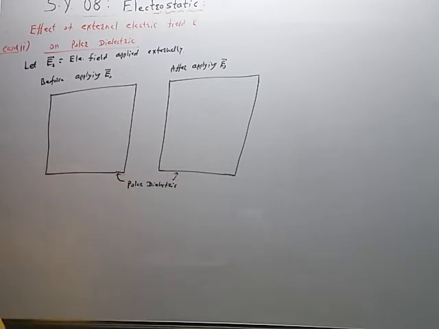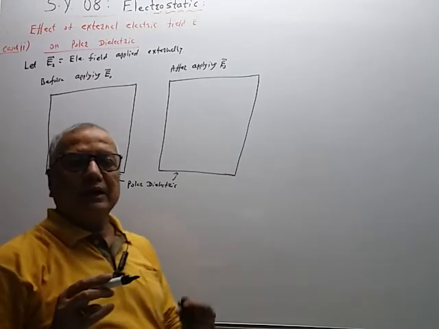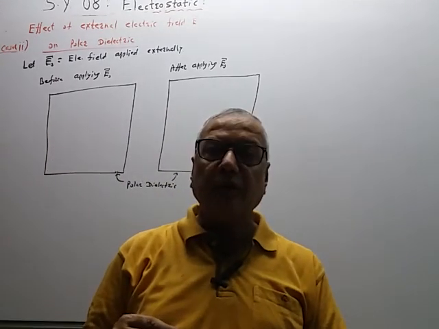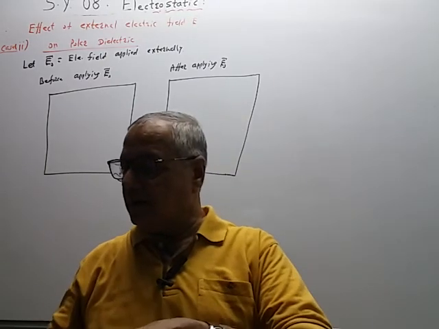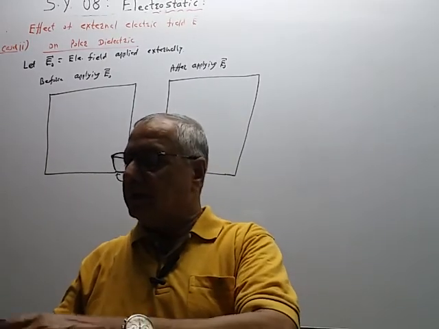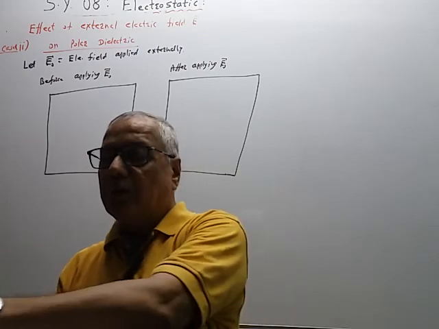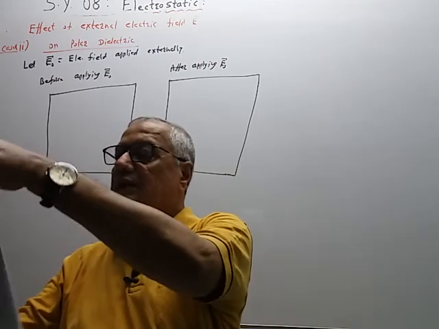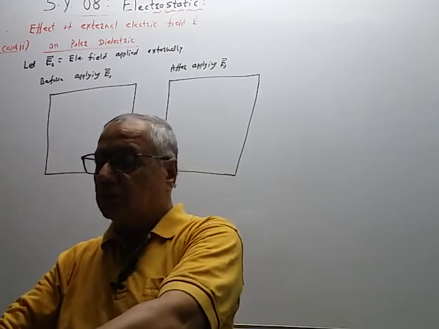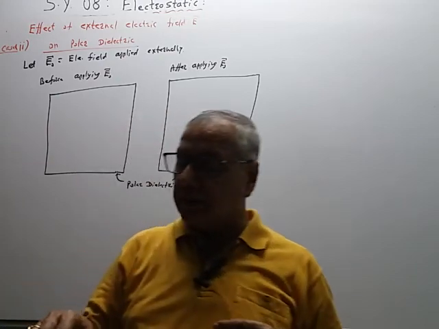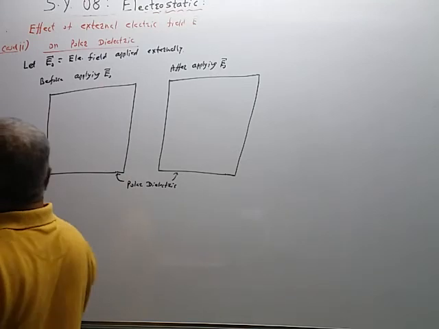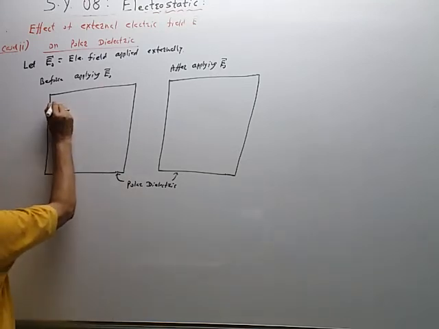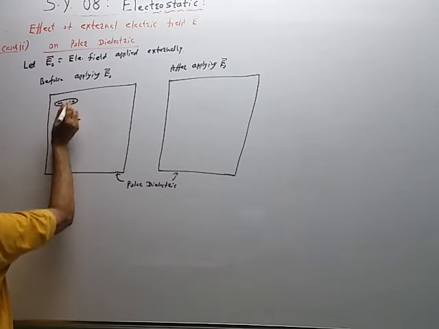Like this. So we know the property of the polar dielectric. The positive and negative charges do not coincide with each other, and therefore they have a net electric dipole moment. Each molecule behaves as a natural dipole. So we will show the electric dipoles like this. Suppose this is the first atom, negative positive.